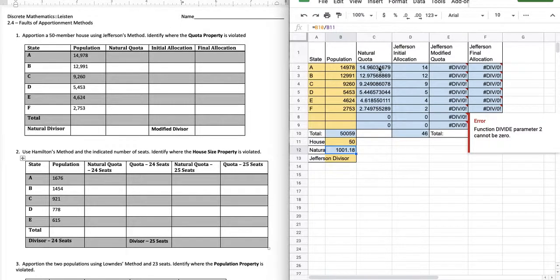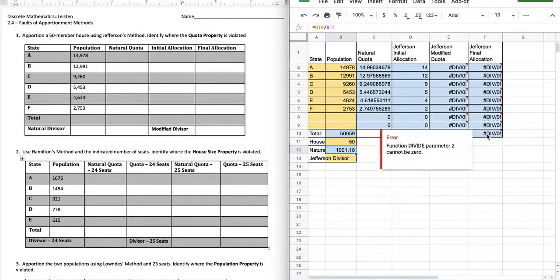Right away, we see, okay, we've got our natural quotas rounded down: 14, 12, 9, 5, 4, and 2. We have a total of 46 currently allocated. We need 50 seats. So Jefferson's method is a divisor method.